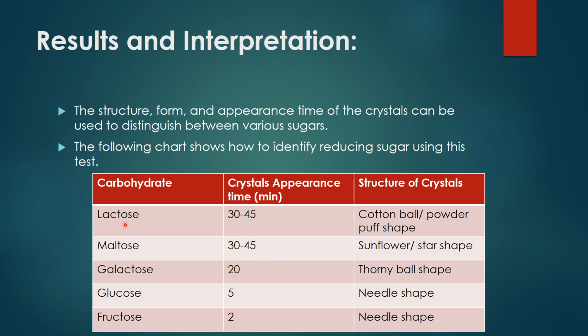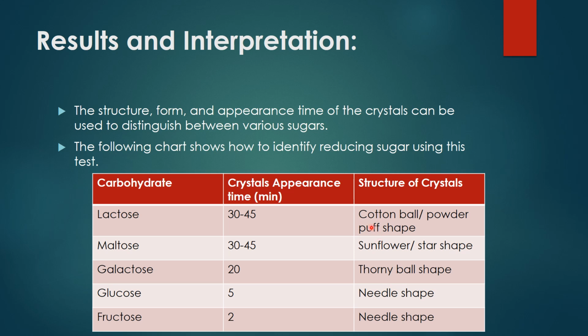For example, lactosazone crystals will appear at 30 to 45 minutes, and also maltose will appear at the same time, 30 to 45 minutes, but lactose and maltose have different shapes of crystals.